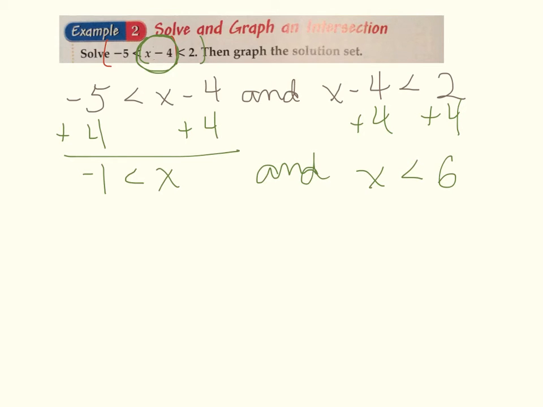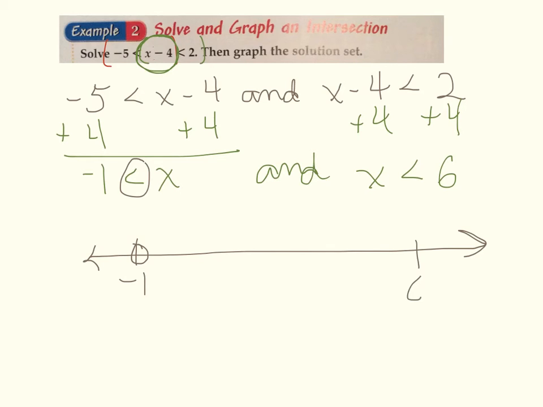So now we want to go ahead and graph the solution. So let's make a number line, and let's think about what this means. It says x is greater than -1. So here's my -1 down here, and I know I'm going to have an open circle because of this symbol here at -1. I know I have to also show 6 on the number line, and it's going to be everything less than 6.